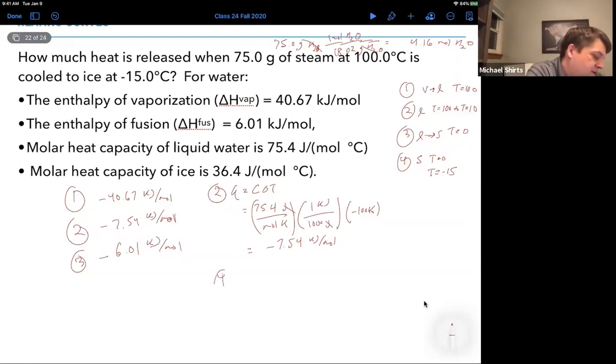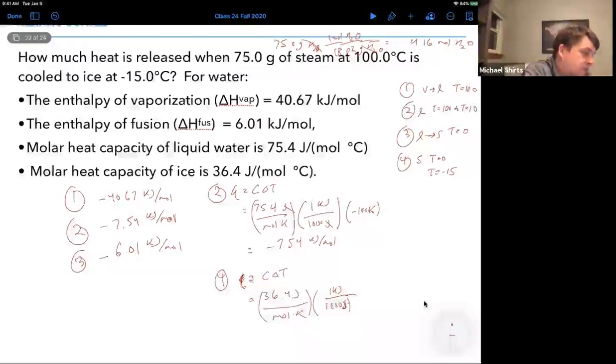And then in our fourth part, we're going to be cooling the ice down. So again, Q is equal to C delta T. And so that is 36.4 joules per mole Kelvin times 1 kilojoule, I'll convert it to kilojoules, over 1,000, times minus 15 K. And so the K's cancel, joules cancel, and we get minus 0.55 kilojoules per mole.